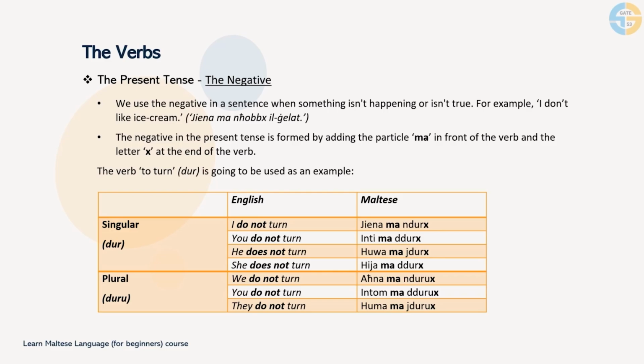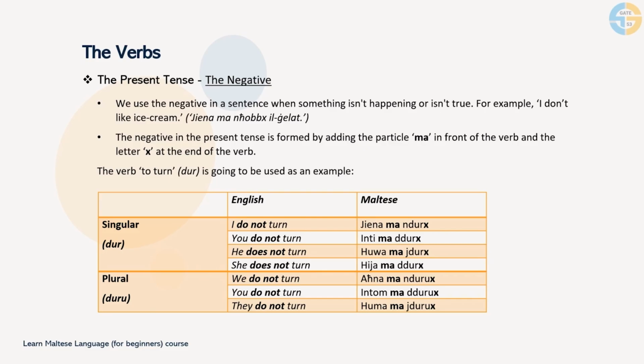The imperative dur was conjugated as we did in the previous slides to become ndur, jiena ndur.